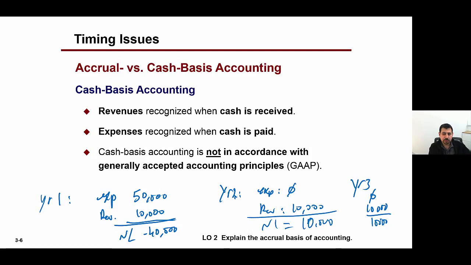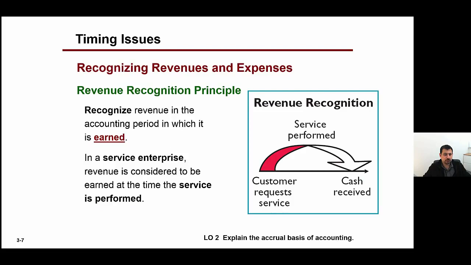This is usually individuals and small businesses, they may use cash basis. However, medium and large businesses always use accrual because under US GAAP, it is required. Throughout this semester, we will be talking mostly about accrual basis accounting. And we will be recognizing revenues and expenses according to accrual basis accounting.